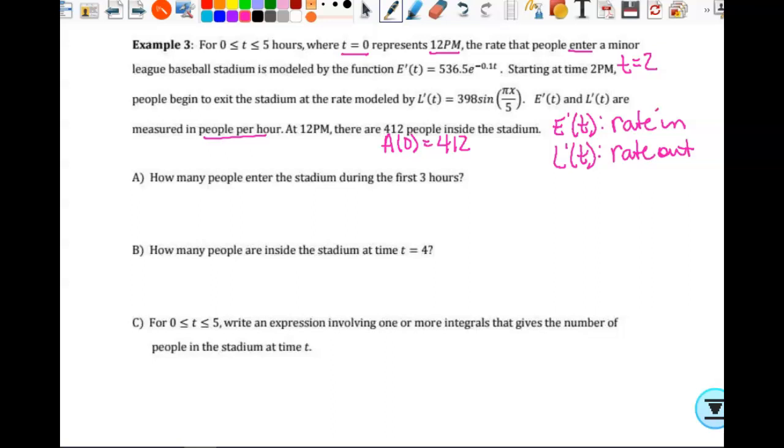Okay, well, so here, t equals 0 is noon, right? It's 12 p.m. So t equals 1 is going to be 1 p.m. T equals 2 is going to be 2 p.m. Does that make sense? I always count on my fingers so I can get that right. So this is t equals 2 right there. Does that answer your question? Okay. No, that's fine.